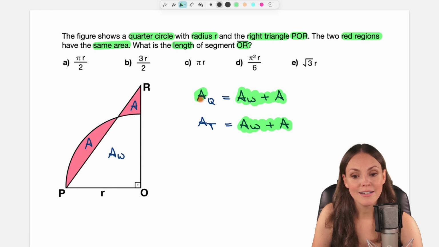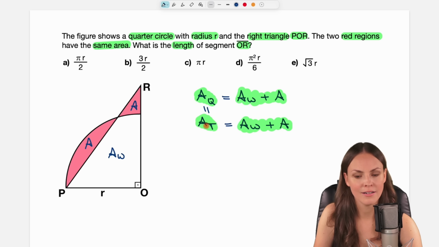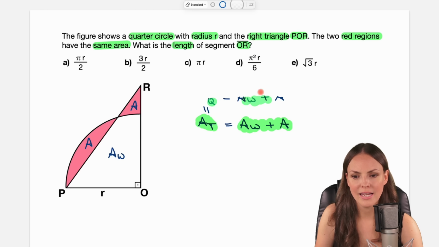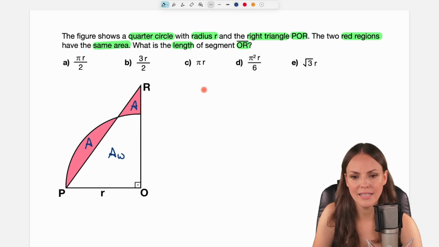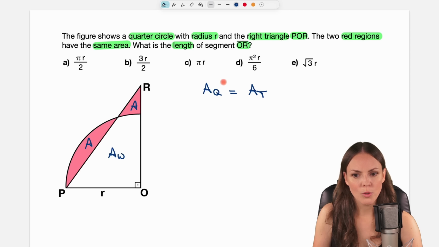So the area of the quarter circle is the same as the area of the triangle. We are going to use this relationship now. So let's write this as an equation: the area of the quarter circle is the same as the area of the triangle. This is what we know now.